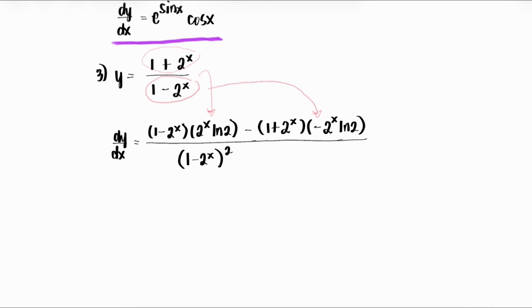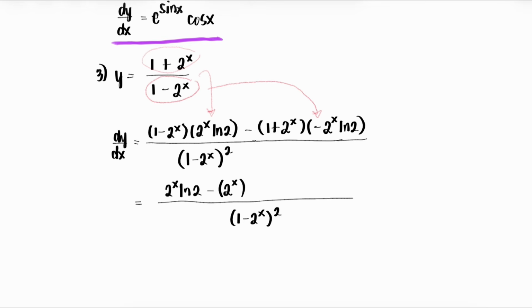So next is we are going to simplify our numerator. Let's just copy the denominator right here, 1 minus 2 to the power of x quantity squared. So that's 2 to the power of x ln of 2 minus 2 to the power of x times 2 to the power of x.